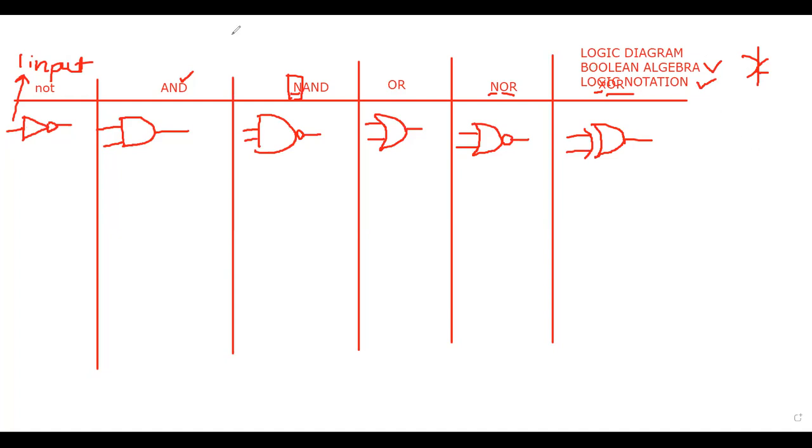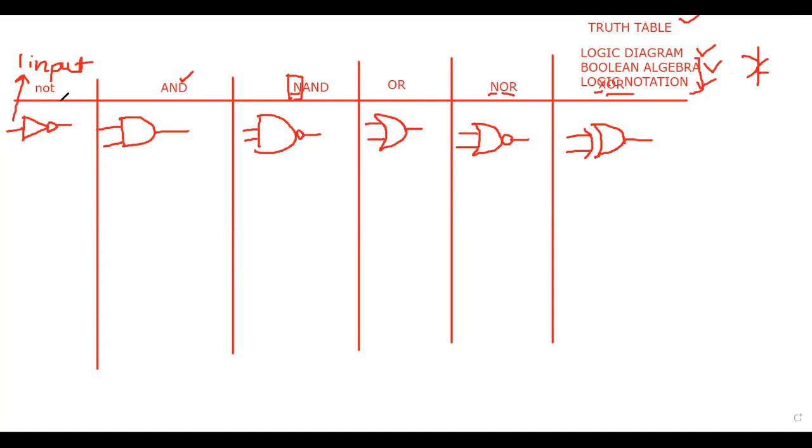Along with that, there is another thing that we are going to do, the truth table. These are the four things that we have to cover. Right now, we have done the logic diagram. Now we have to focus on the Boolean algebra and logic notation. Then after that, we will focus on the truth table.